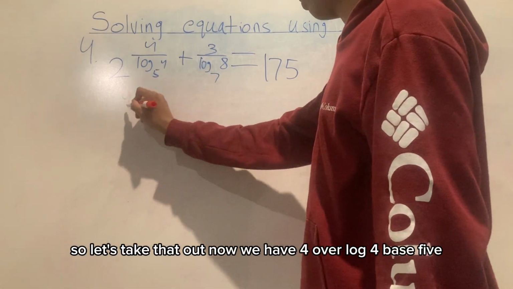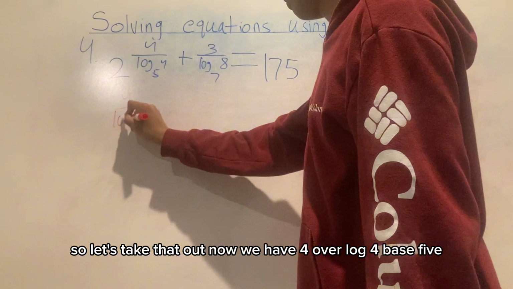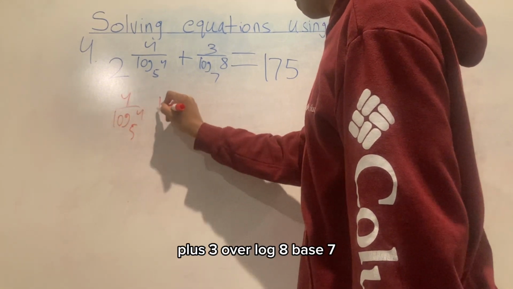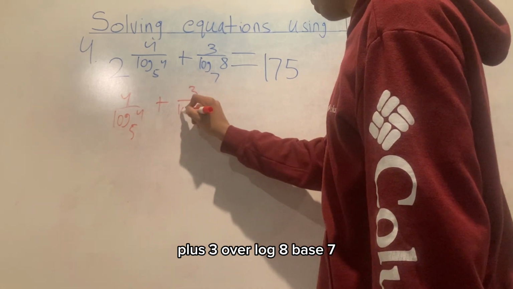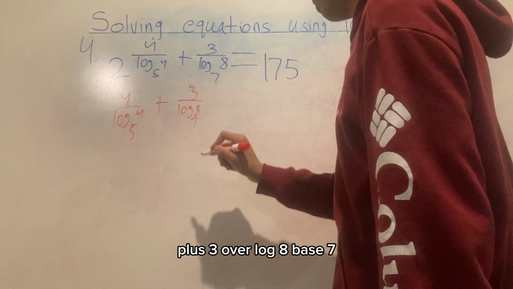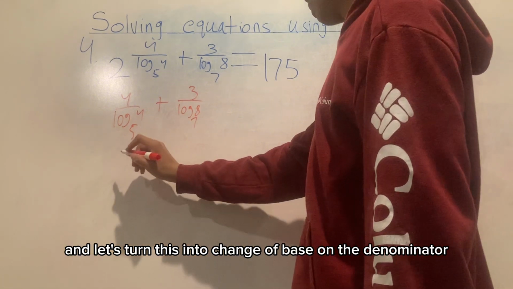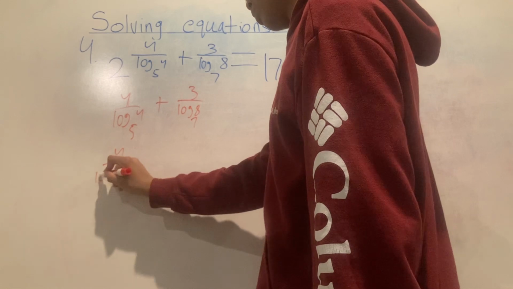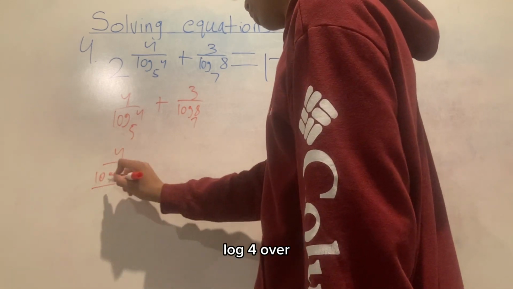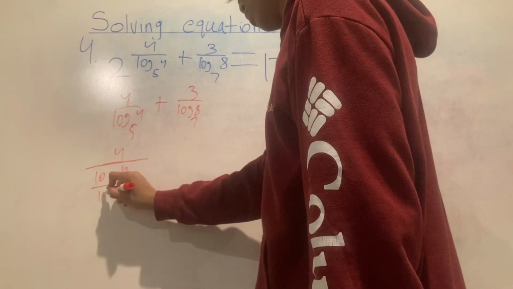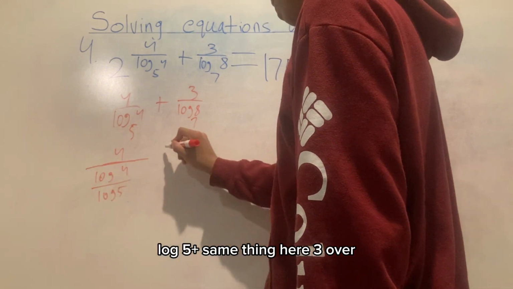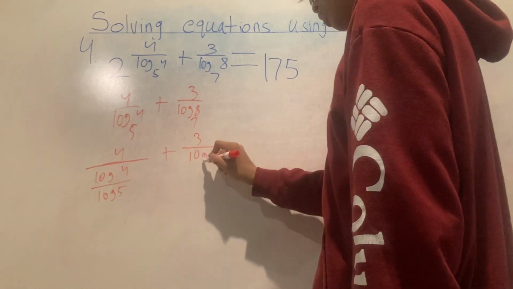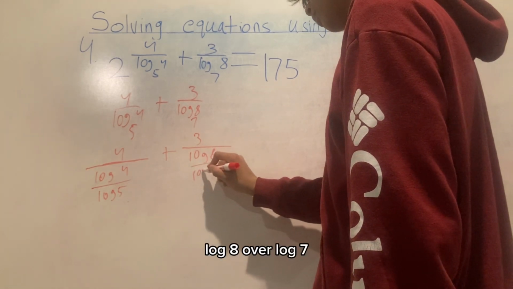Now we have 4 over log 4 base 5 plus 3 over log 8 base 7. And let's turn this into change of base on the denominator. So we have 4 over log 4 over log 5 plus, same thing here, 3 over log 8 over log 7.